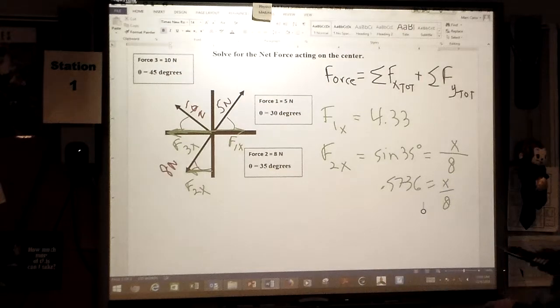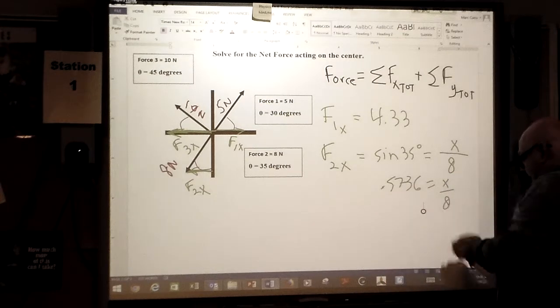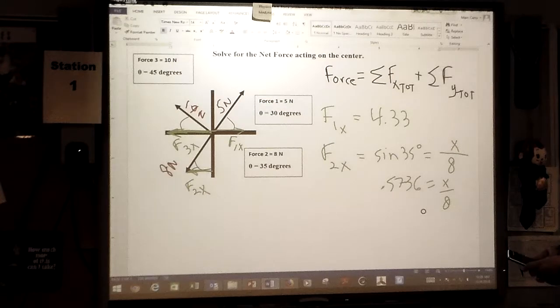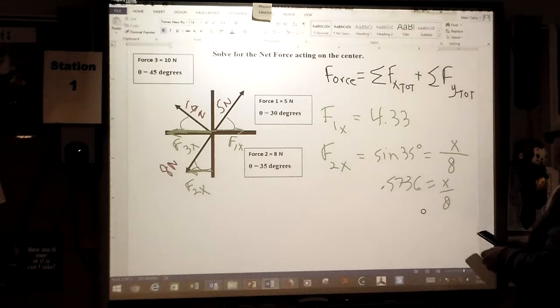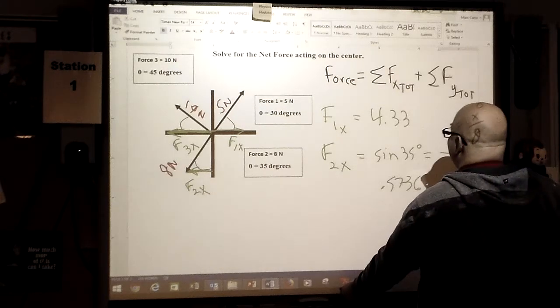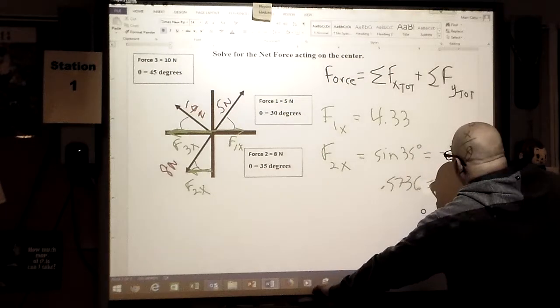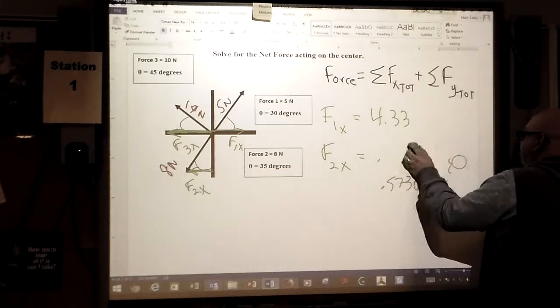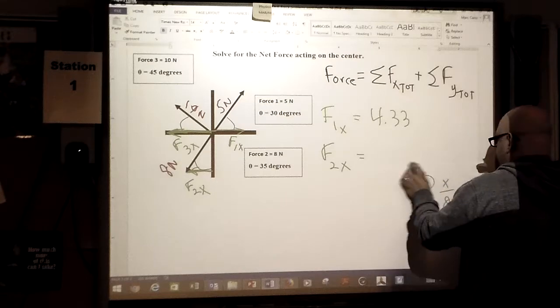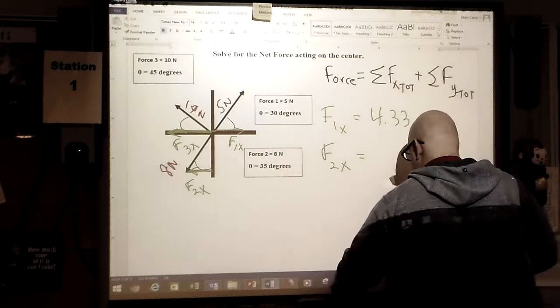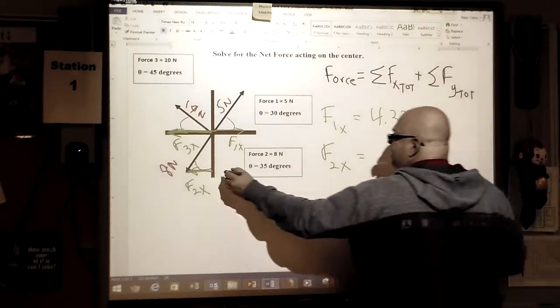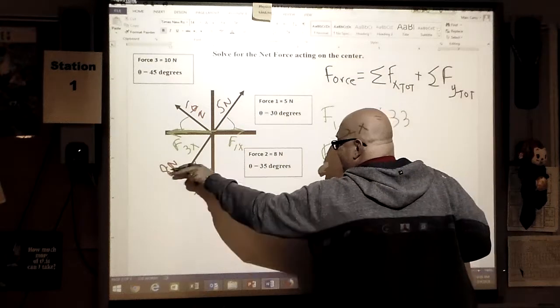So now we multiply 8 times this to get x, and we have 4.59. In this case it's negative because it's going in the negative direction.